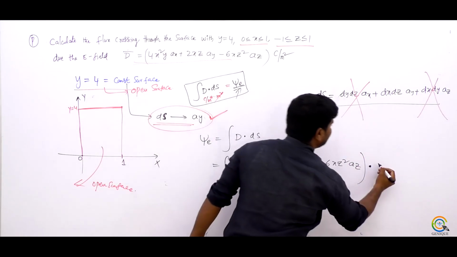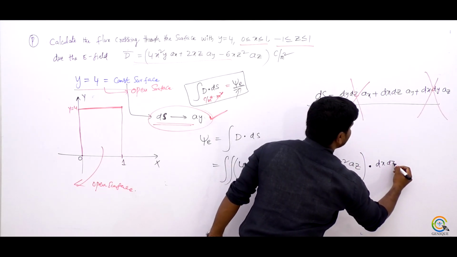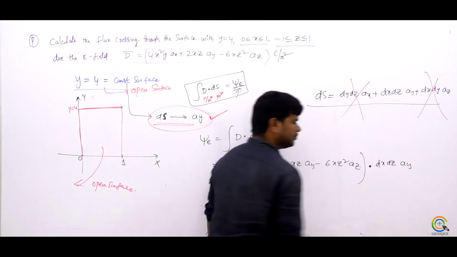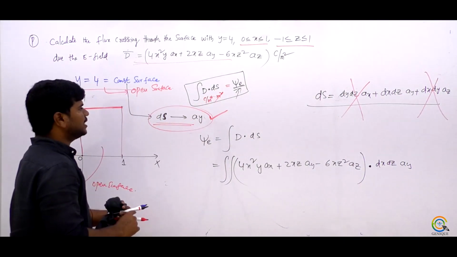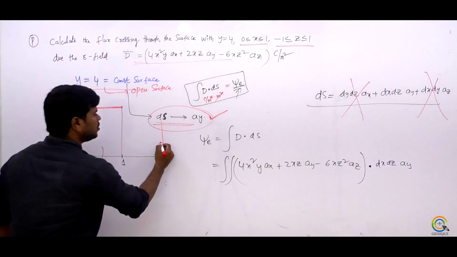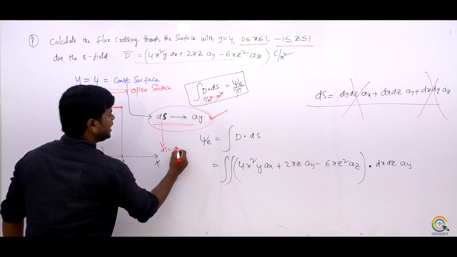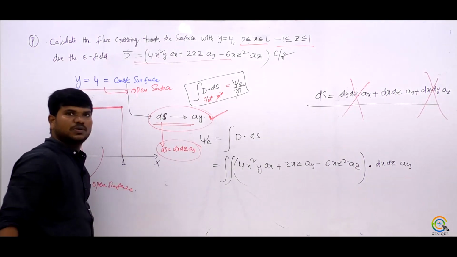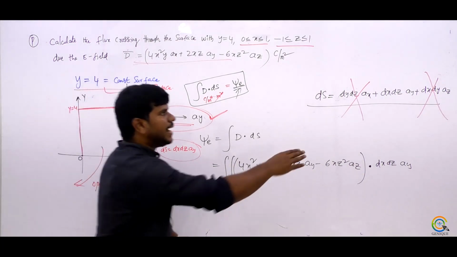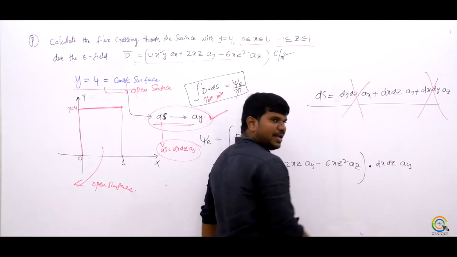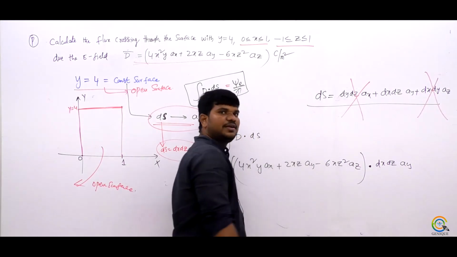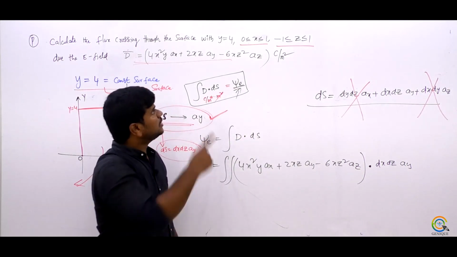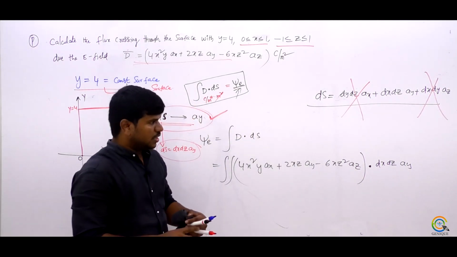And dS is equal to dx dz a_y. So this is the thing you have to understand. If you write all the values, you will get a different answer. So that is the clue for you.